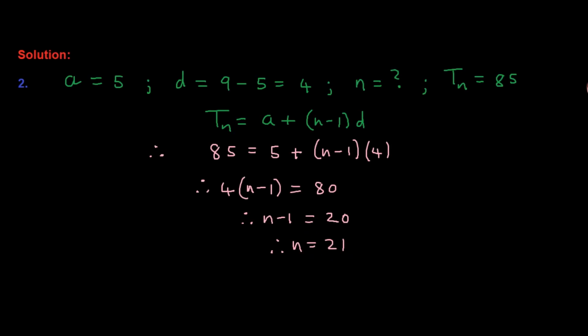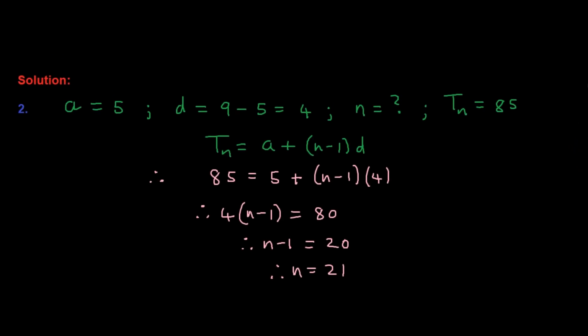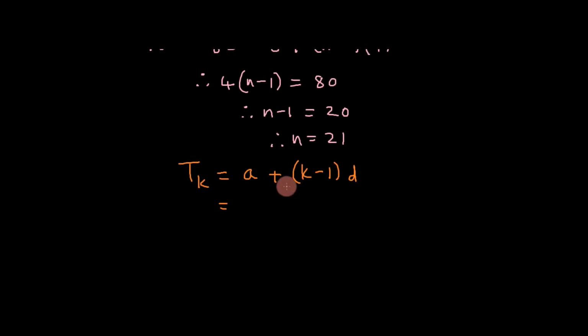Now, in order to write the series in sigma notation, we now need the general term T sub k, which is A plus k minus 1 times D. And we saw that A was equal to 5 and D was equal to 4.